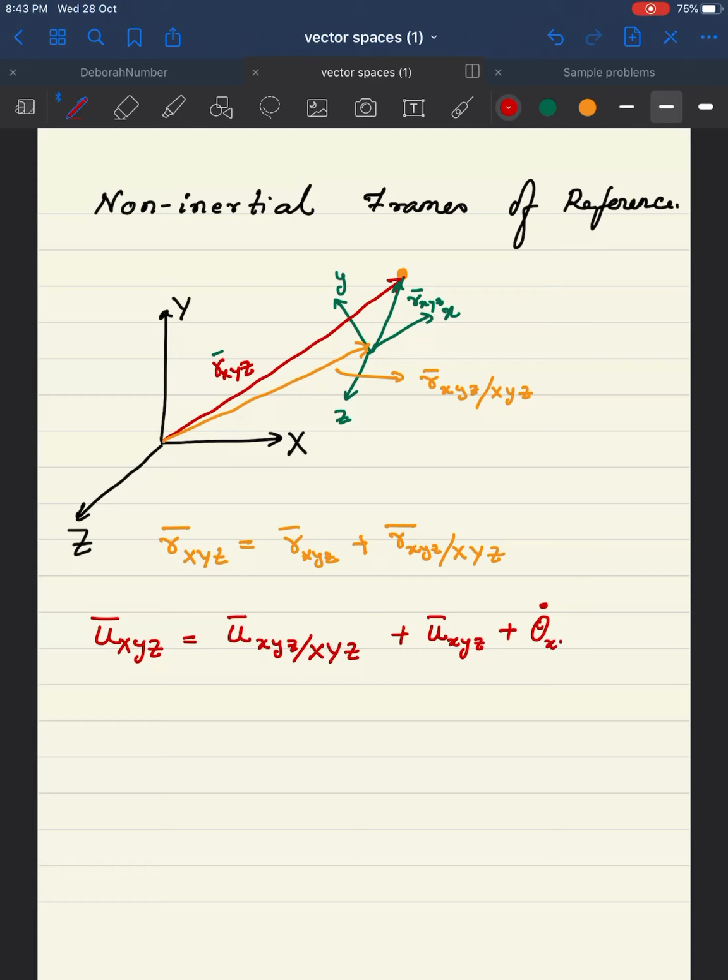Basically, some places you'll have omega xyz with respect to the capital X, capital Y, capital Z cross r. And this is again vector small x, small y, small z. Okay. So this is interesting because it doesn't have the other term. So you are free to try and work this out.